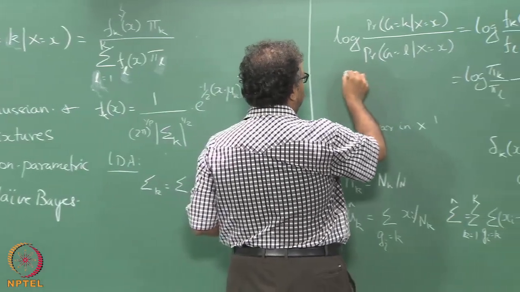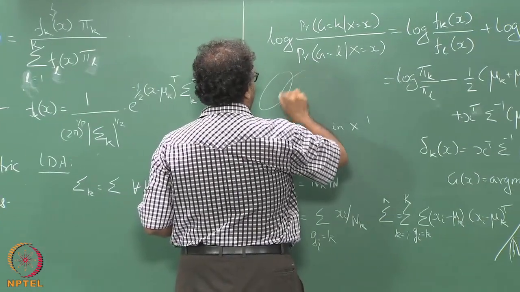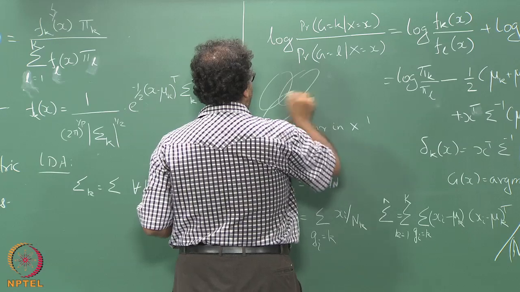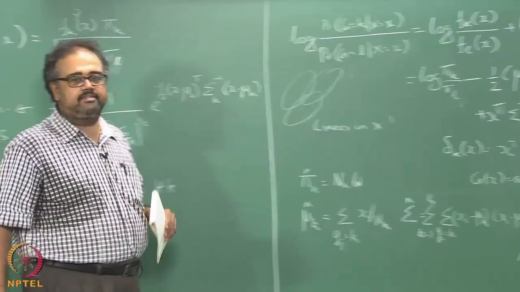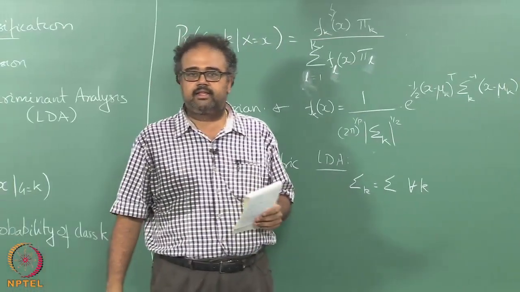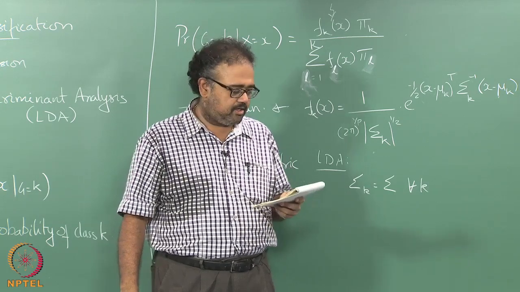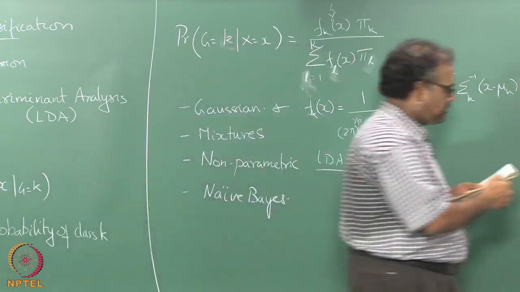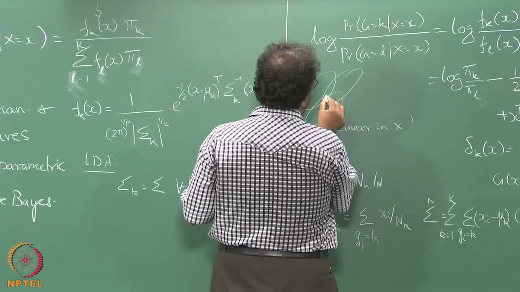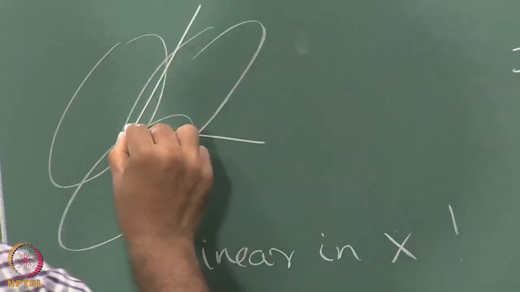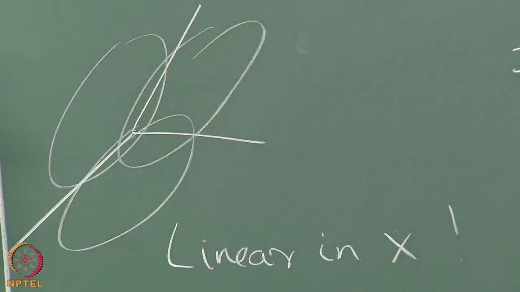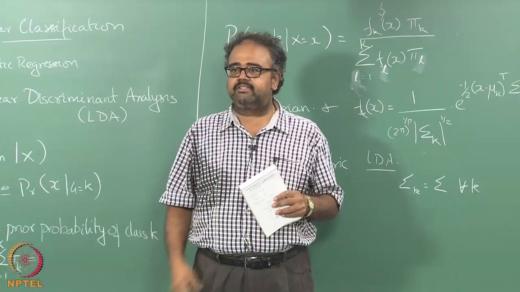So if you think about it, let us say I have 3 classes that look like that. This will be somewhat the separating surfaces that I will learn.